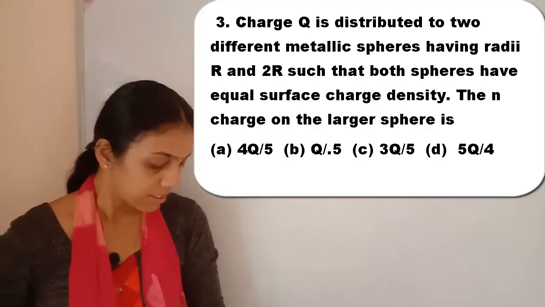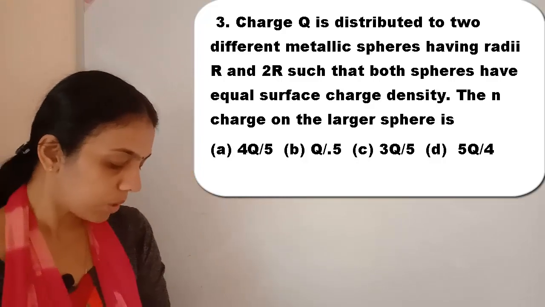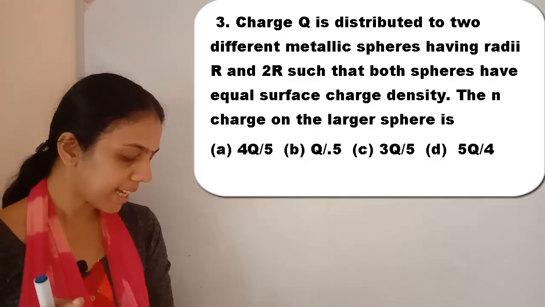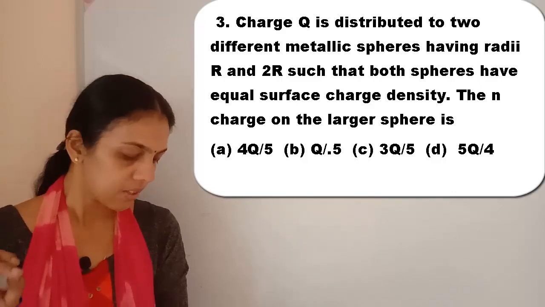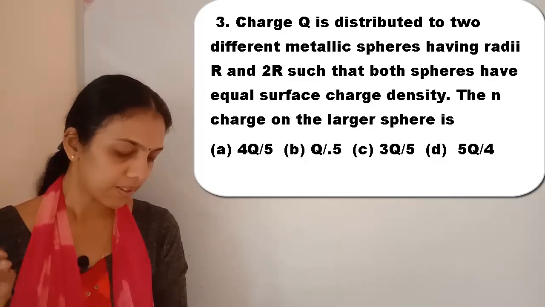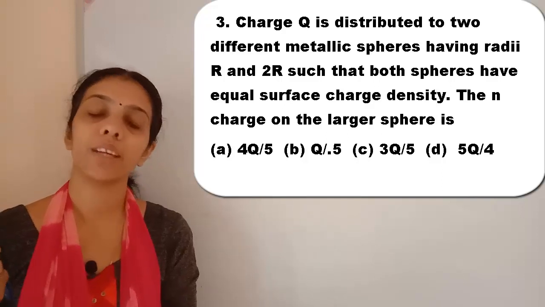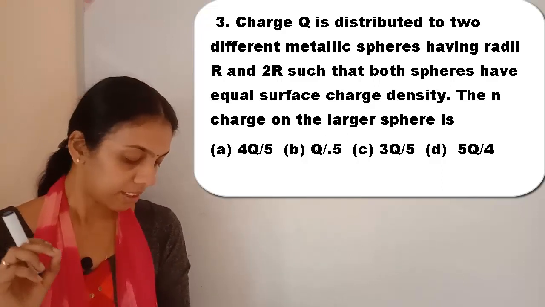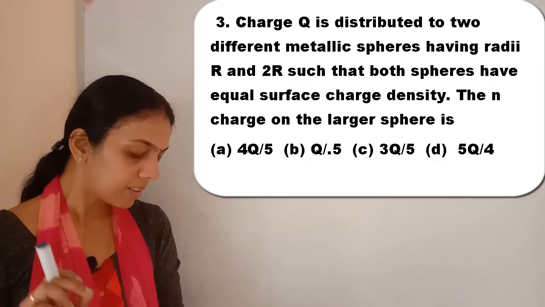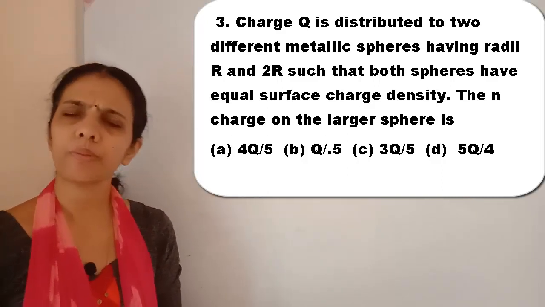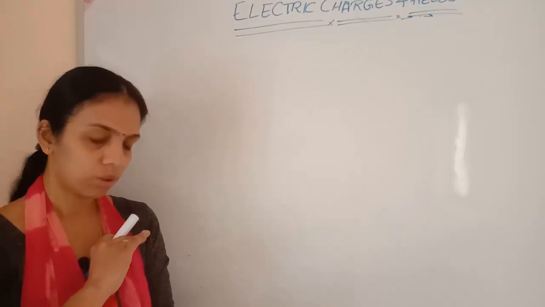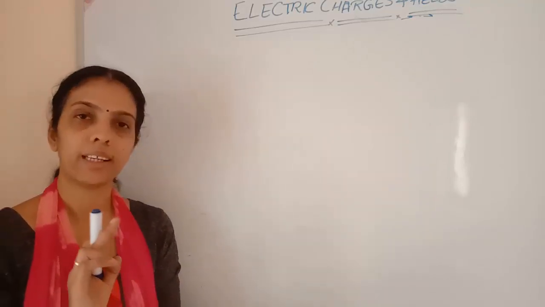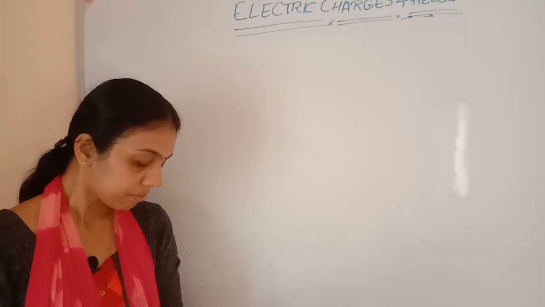A charge Q is distributed to two different metallic spheres having radius r and 2r such that both spheres have equal surface charge density. The charge on the larger sphere is? So a Q charge is distributed to two spheres which are having radius r and 2r.